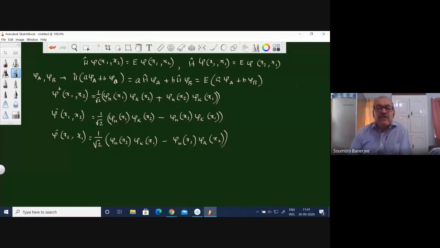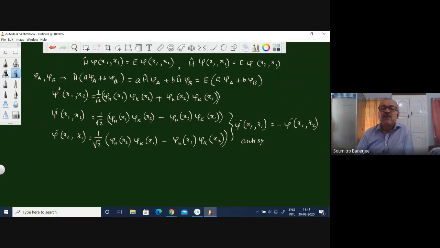And then you can see that this is nothing but the negative of this, because psi k x2 psi n x1 is here, psi n x2 psi k x1 is here. So I can see that this leads to psi minus x2 comma x1 is minus psi minus x1 comma x2. So this is antisymmetric.